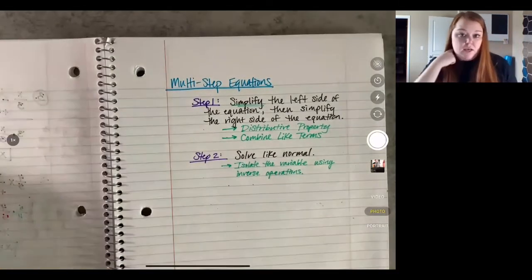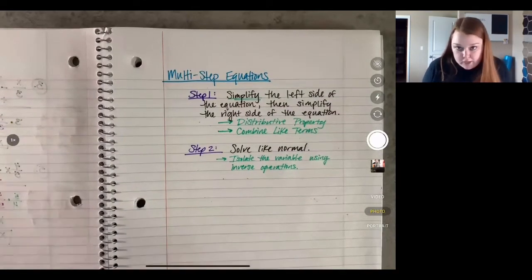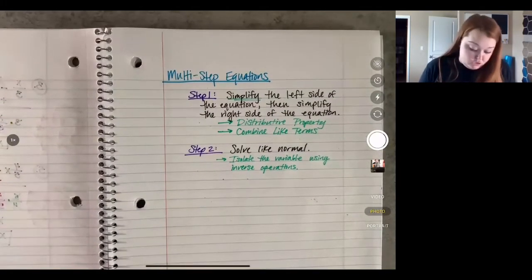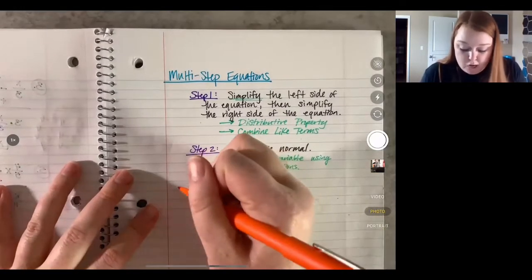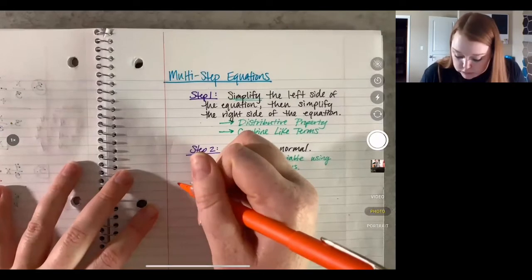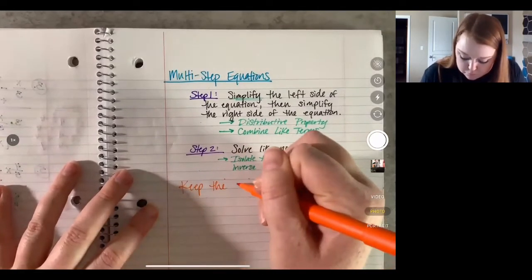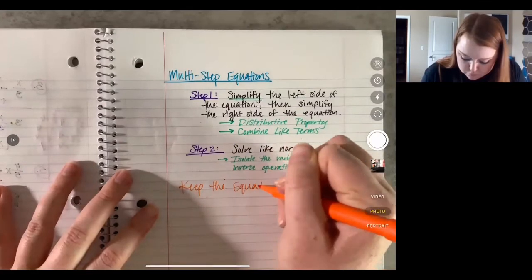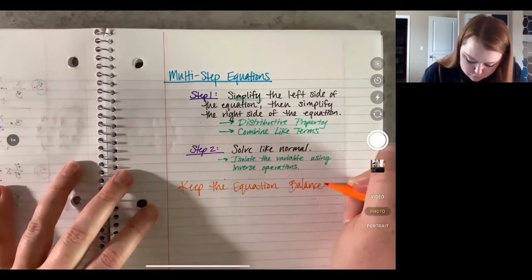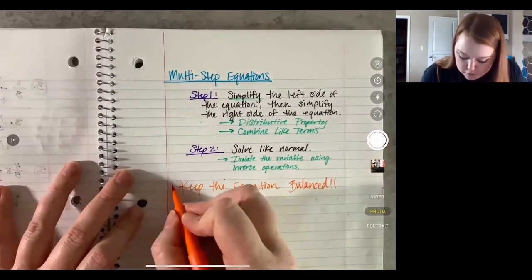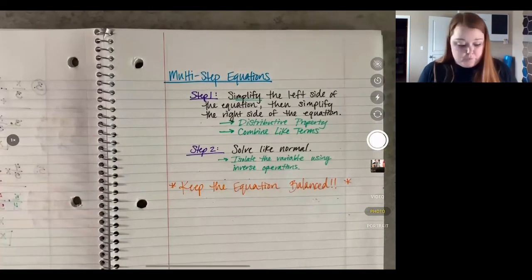Okay. And then, of course, we have to mention the golden rule. What's the golden rule of equations? Keep the equation balanced. I'm just going to write that right here. Make that stand out in your notes, highlight it, make it pretty, whatever you want to do.